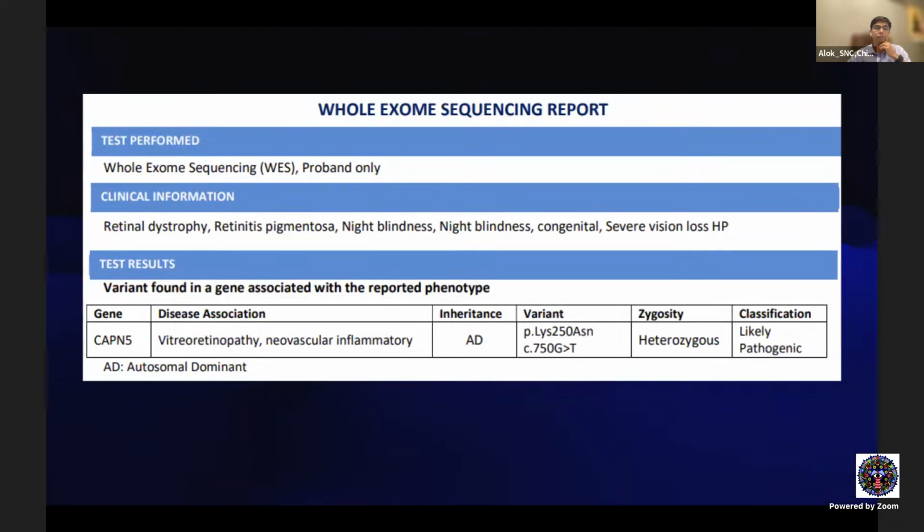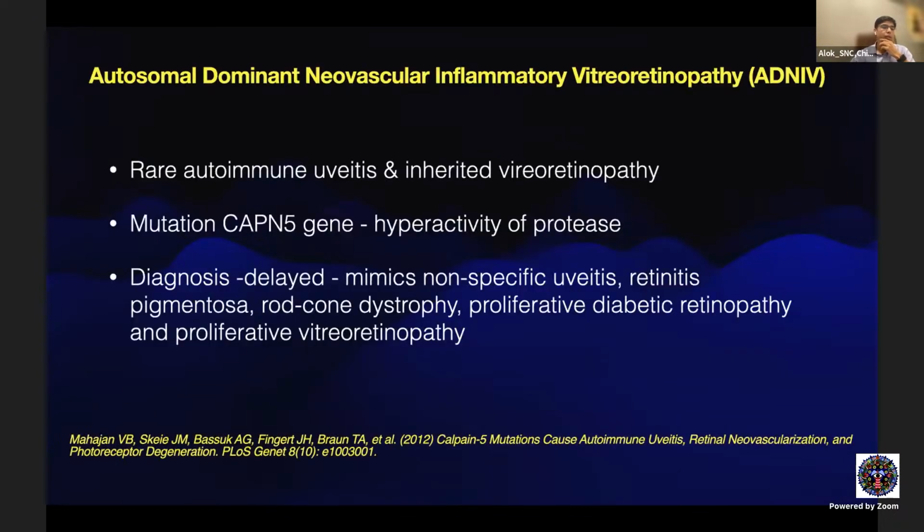And what we found was there was a mutation in the CAPN5 gene. And this is related to what is known as autosomal dominant neovascular inflammatory vitreoretinopathy.